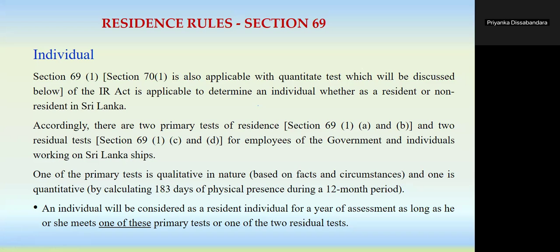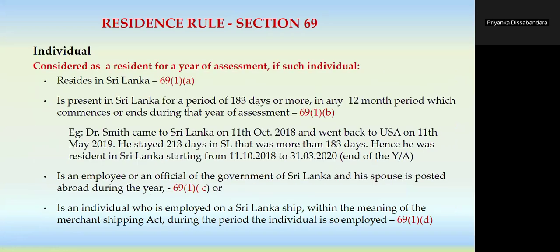So these are those two primary tests and two residual tests. These two are resides in Sri Lanka, and this is the first one, this is the second one. Section 69 subsection 1 paragraph A is the first primary test. It is a qualitative test because it is determined based on the facts.